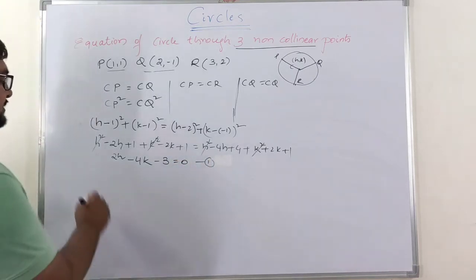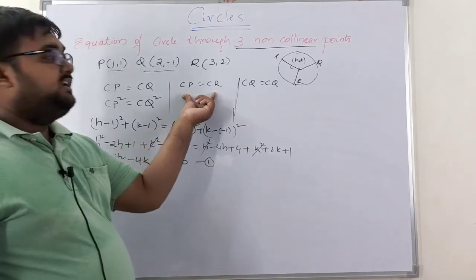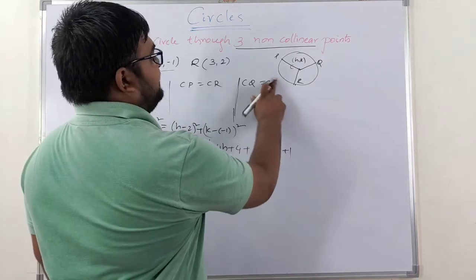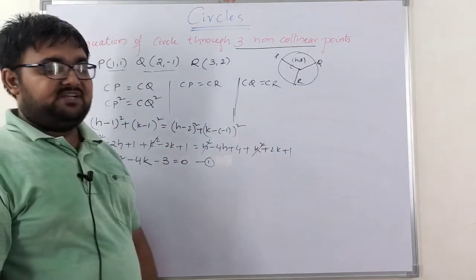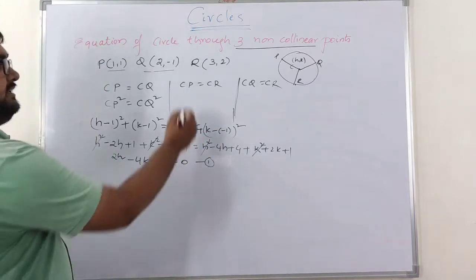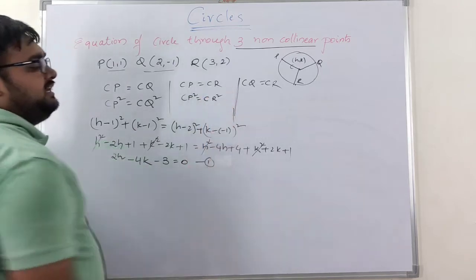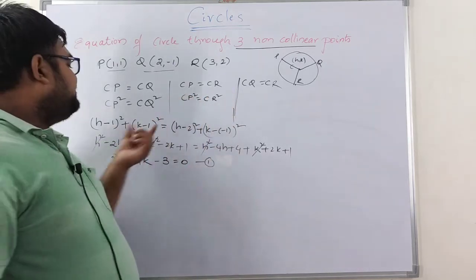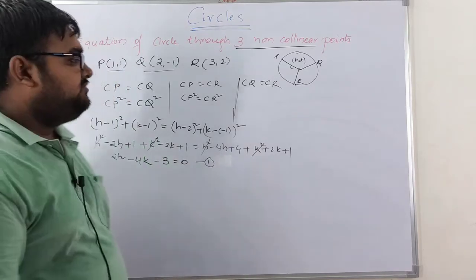Next, coming to the next condition, CP is equal to CR, or I can take CQ is equal to CR. Any of the conditions I can apply here. Now I am considering CP is equal to CR, that means CP square is equal to CR square, because I have already found CP, so it makes it easy to simplify.